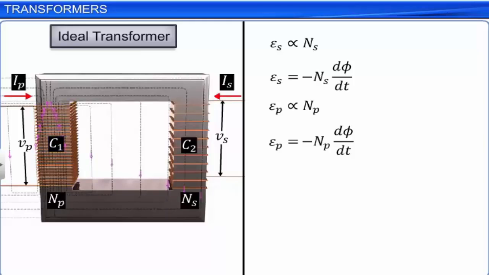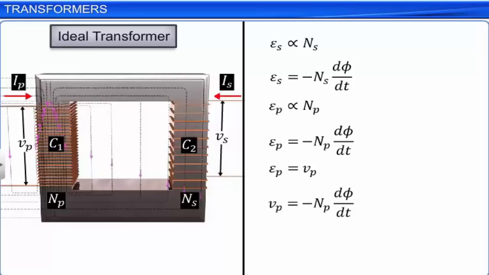For an ideal transformer, the primary coil has zero or negligible resistance. Therefore, the induced EMF EP is equal to the voltage across the primary Vp. Hence, we get Vp is equal to minus Np into d phi by dt. Let this be equation 1.